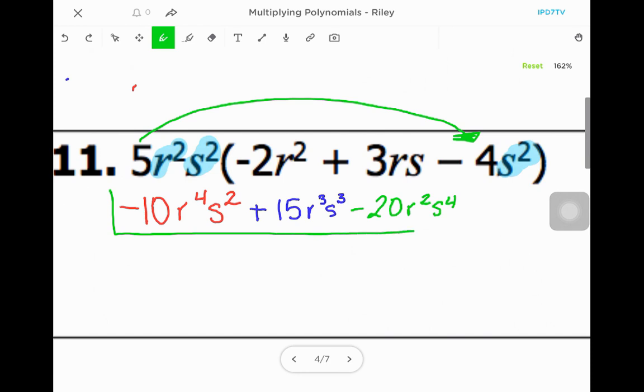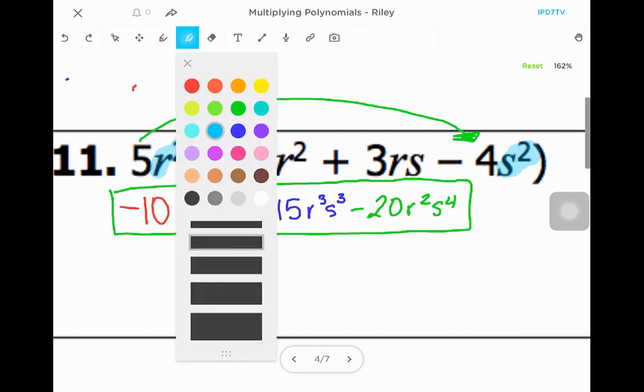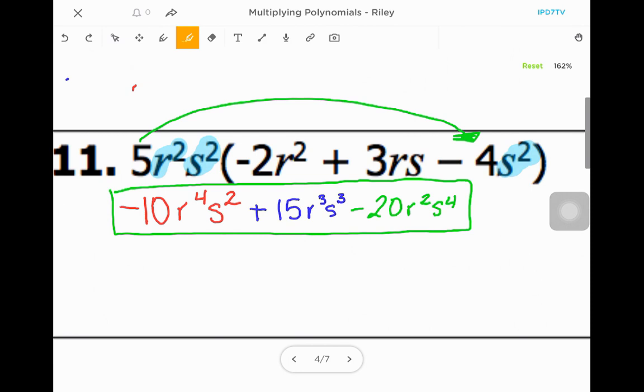Okay, and this is our final answer. Nothing can be combined because nothing has like terms. Okay, and be careful because this right here is different than this. R squared is different than r to the fourth. Okay, so those are different.